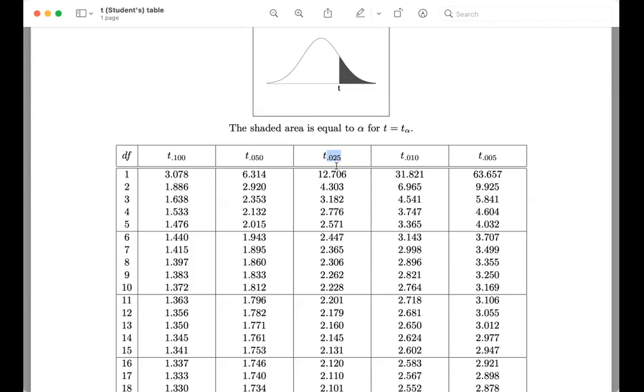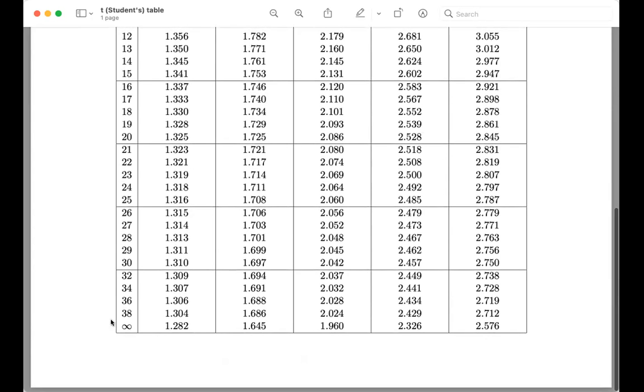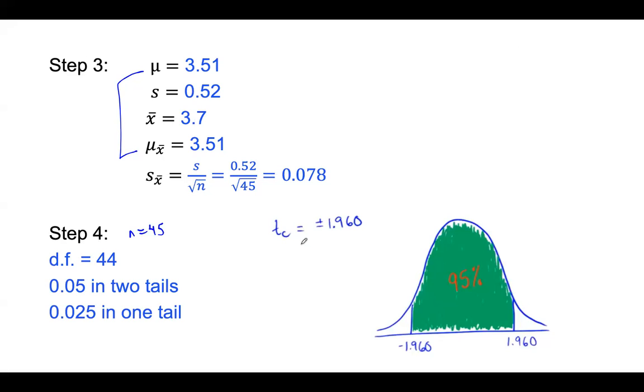Finding that critical value, as we've done before, we see it's 0.025, so it's going to be in this column, and we scroll down and we see it's a larger number, so of course it's 1.96. Due to the symmetry, we have 1.96 on this side and negative 1.96 on that side.